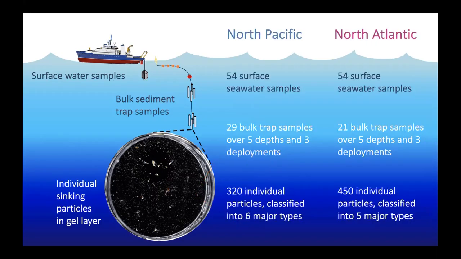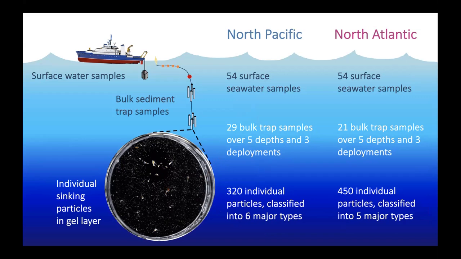So from this study, we had our two different ocean basins that were sampled and all of these three different sample types. We ended up with continuous surface sampling over the course of the sediment trap deployments over the course of the whole cruise. We also had multiple different trap deployments across different depths and multiple deployments for each cruise.